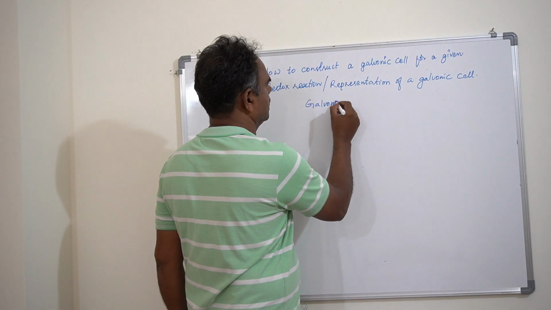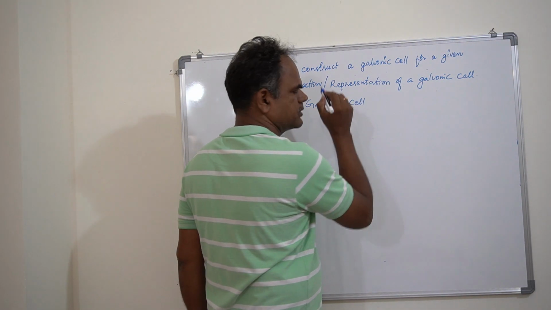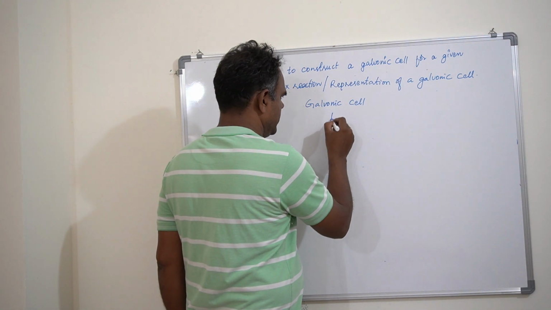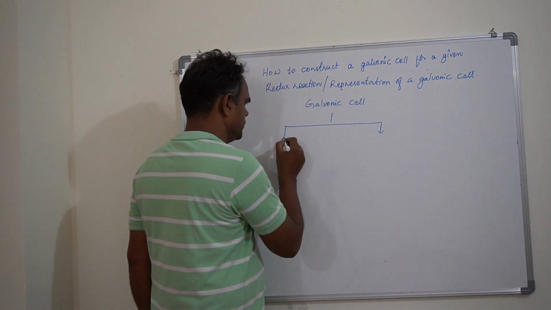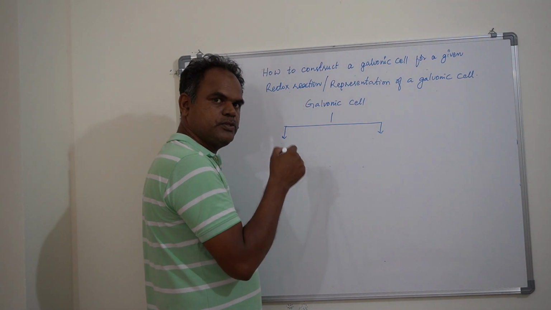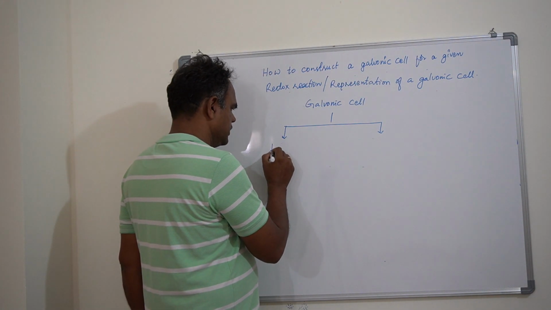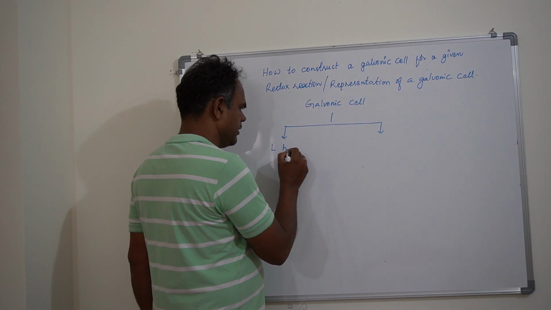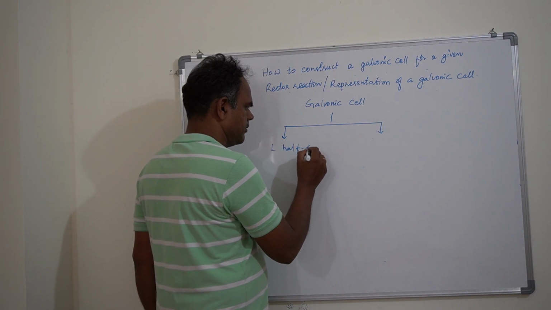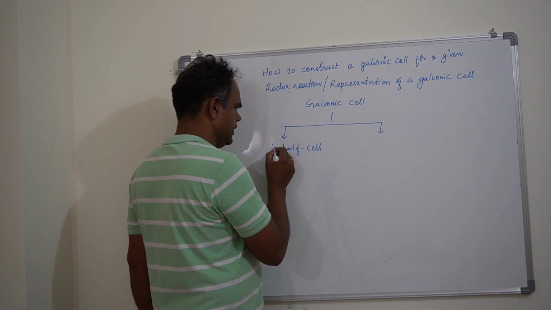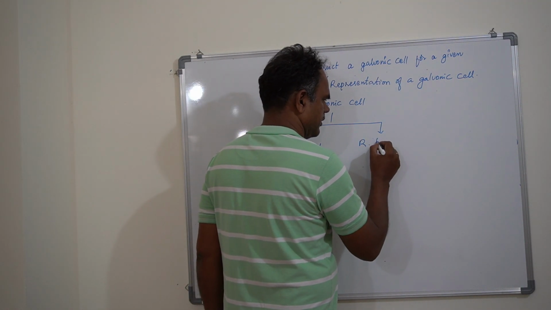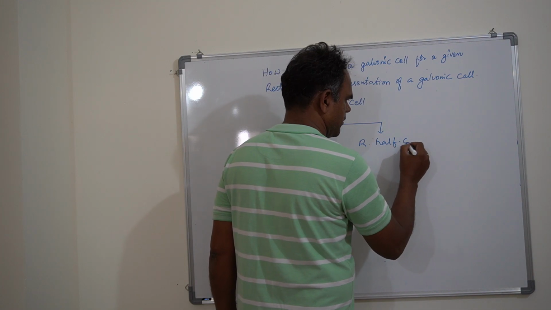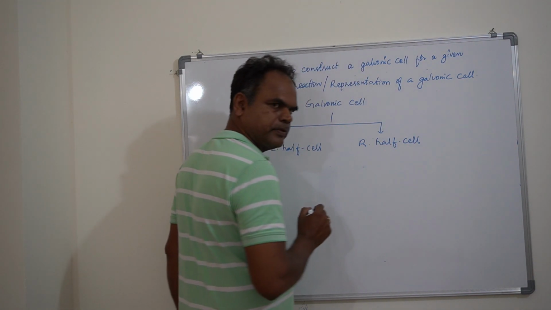A galvanic cell is made with two half cells which work independently. So there is the left half cell and there is the right half cell.